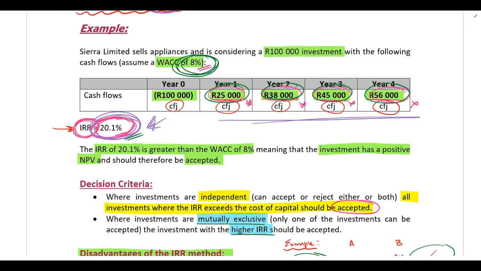So the internal rate of return method is making the incorrect reinvestment assumption because the return that we can normally get on these cash flows is going to be lower than the internal rate of return. So that is why the net present value method is superior, because it assumes that we invest these cash flows at a lower rate, not the internal rate of return, but the weighted average cost of capital. And it is a lot more realistic to assume that we will be able to invest these cash flows at a return of 8% instead of 20.1%.